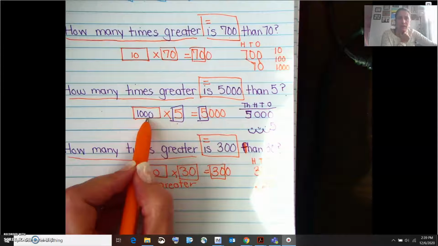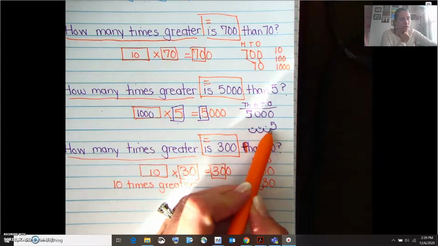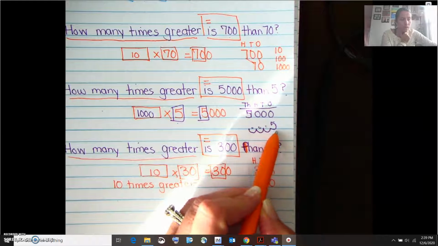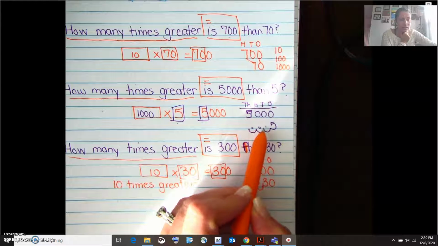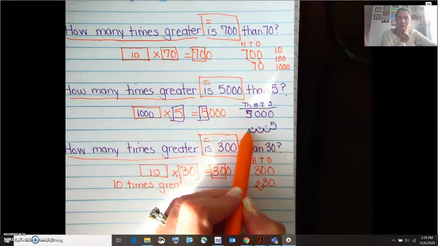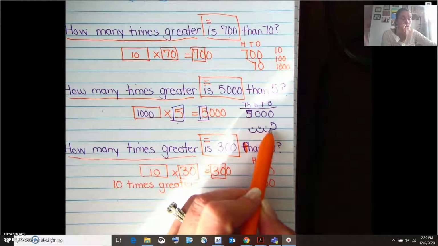Every time we have a 0, it moves it over. So if we have ones and we add a 0, it moves us to the tens. If we have another 0, it moves us to the hundreds. If we have another 0, it moves us to the thousand. So every time we add a 0 and multiply by 10, it moves that number to the left and our number gets bigger. So that's what we're trying to practice here.